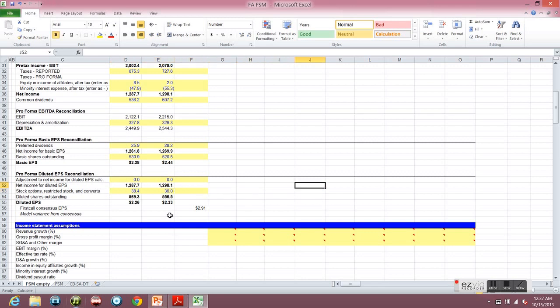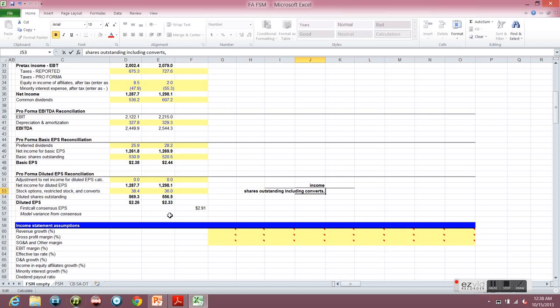So you have your income over here, right? After you have your income, you have your shares outstanding. And a basic EPS, that's what you basically have right here. But in a diluted EPS, what we have is shares outstanding including converts.